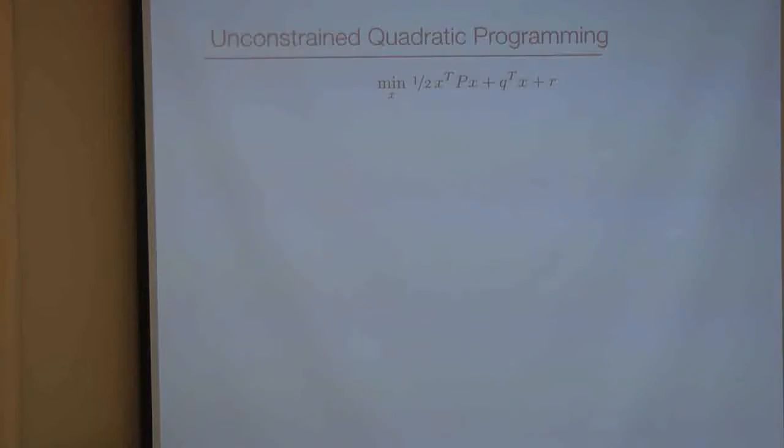How do we find the optimal solution to an unconstrained quadratic program, assuming that the P matrix here is positive definite, meaning it's invertible? How do we solve this problem? How do we solve any optimization problem? Sure. So we just need to set the gradient of the objective function equal to 0, and we need to consider the gradient because x is a vector.